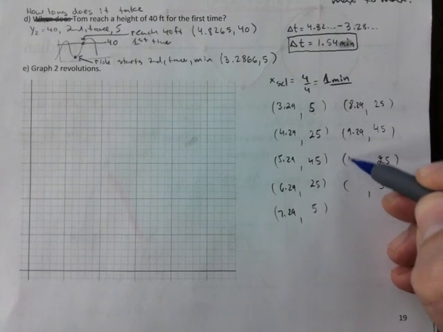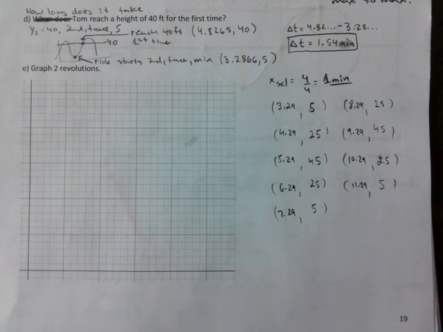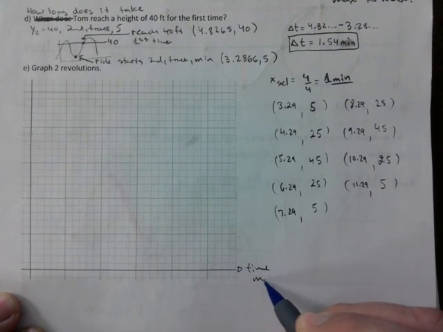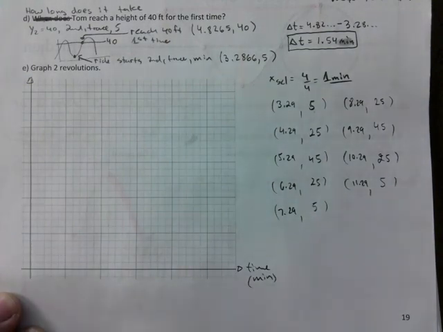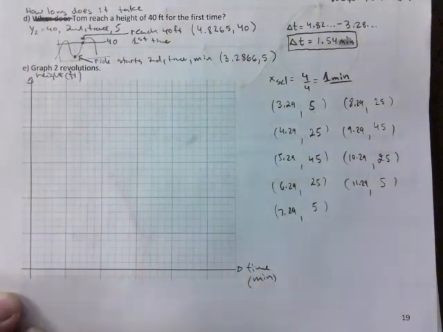And I want you to be comfortable with not starting at a whole number, okay? You should be quite comfortable with that. So then you come over here and just put down time in minutes. Don't forget your units, right? And then you have height in feet, okay?